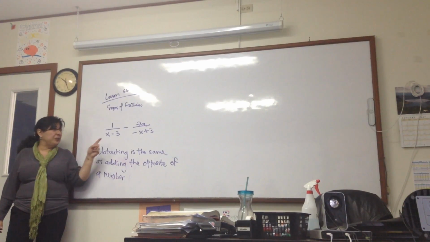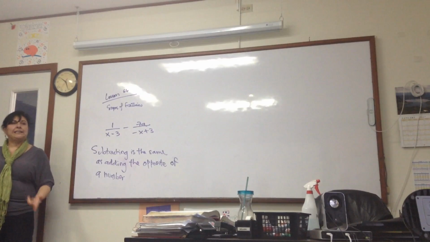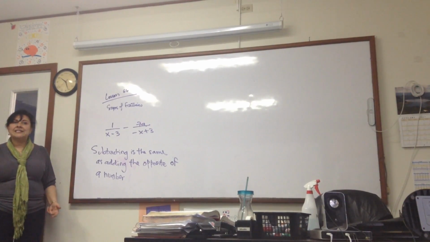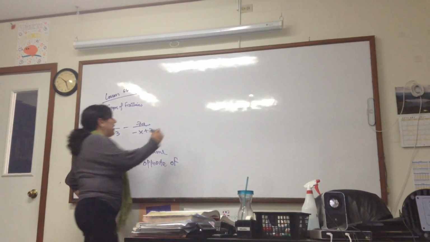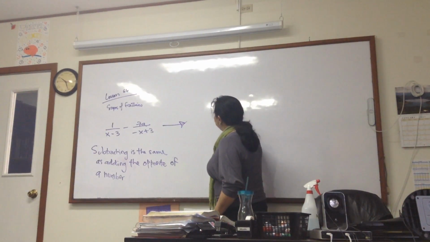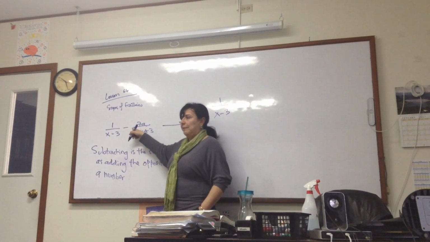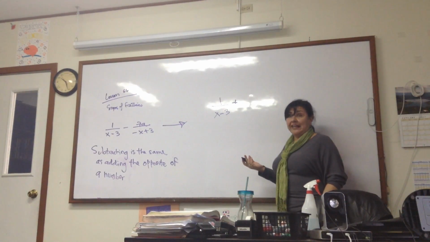They're similar because they both have x and 3, but the signs are different. How can I make this sign the same? Instead of putting the minus here in the middle, I'm going to pass it to the bottom. But if I pass it, that means I have to leave something there. I can't just move it.